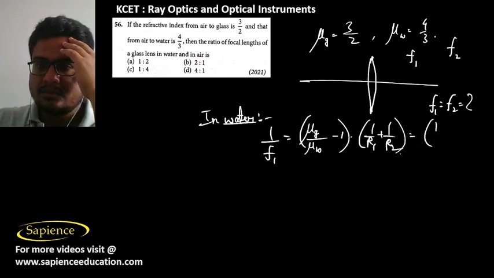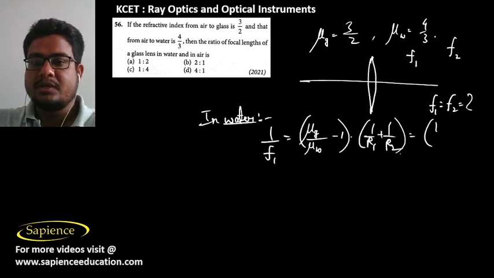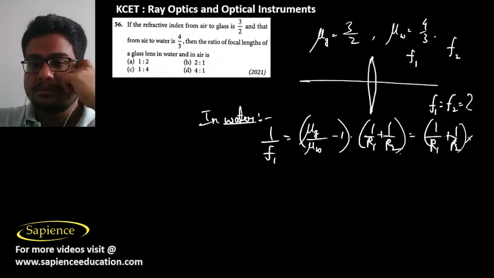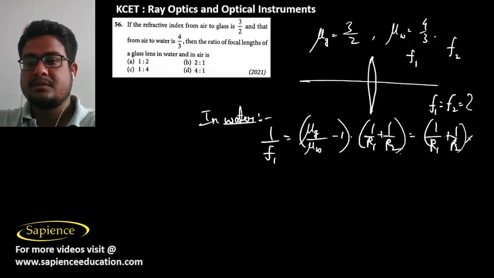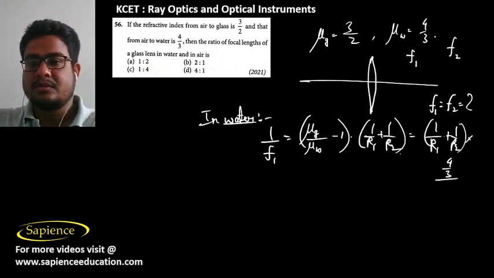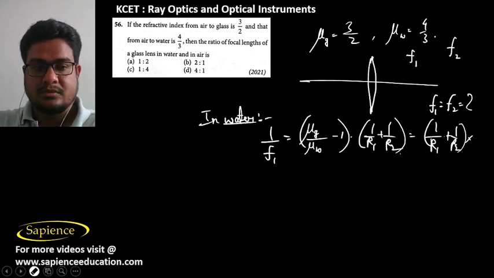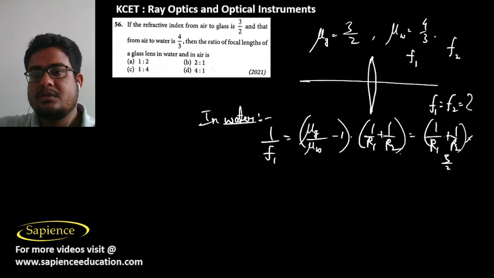This part 1 by r1 plus 1 by r2 is a constant, let's call it x. So mu relative is 3 by 2 by 4 by 3, which is 9 by 8.